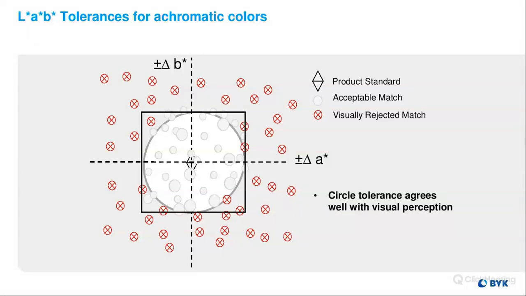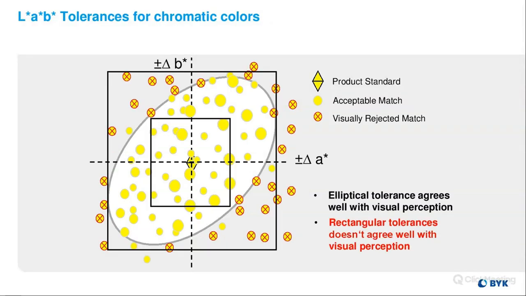And again, even in this case where I'm a non-chromatic color, it's pretty good because that circle represents what I say is good visually. So I'm only getting a couple of rejected parts. But if I go to a chromatic color and I use CIELAB tolerancing, now I'm either too small, rejecting good parts, or too big and accepting bad parts. So that's why if you use weighted color tolerancing, it's going to fix these issues for you automatically, and you're not going to have to do it by hand. And that's the benefit of those weighted tolerancing.